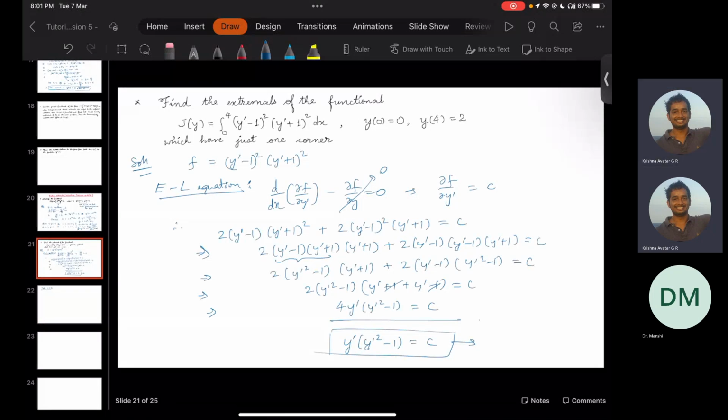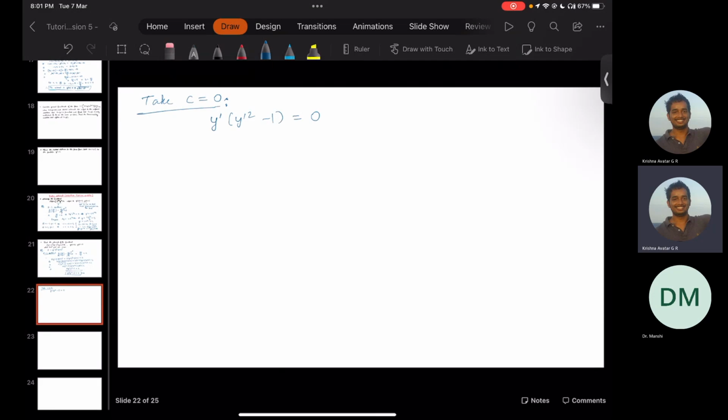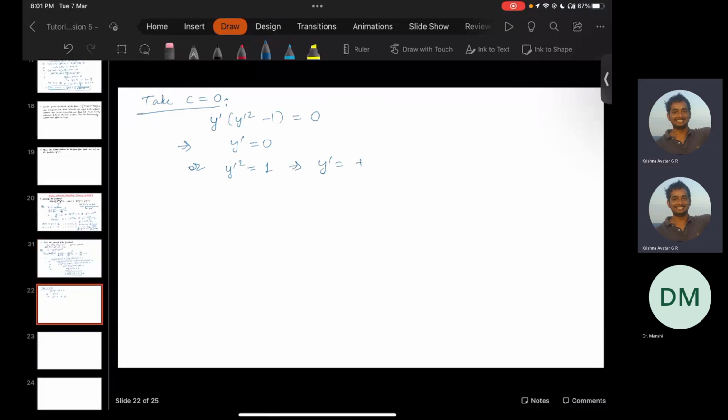And it doesn't have any very straightforward answer. So we just take c is equal to 0. So we'll have y prime into y prime squared minus 1 is equal to 0. So this means that either y prime is equal to 0 or y prime squared is equal to 1, and then this gives us y prime is equal to plus minus 1. Okay, so far so good.